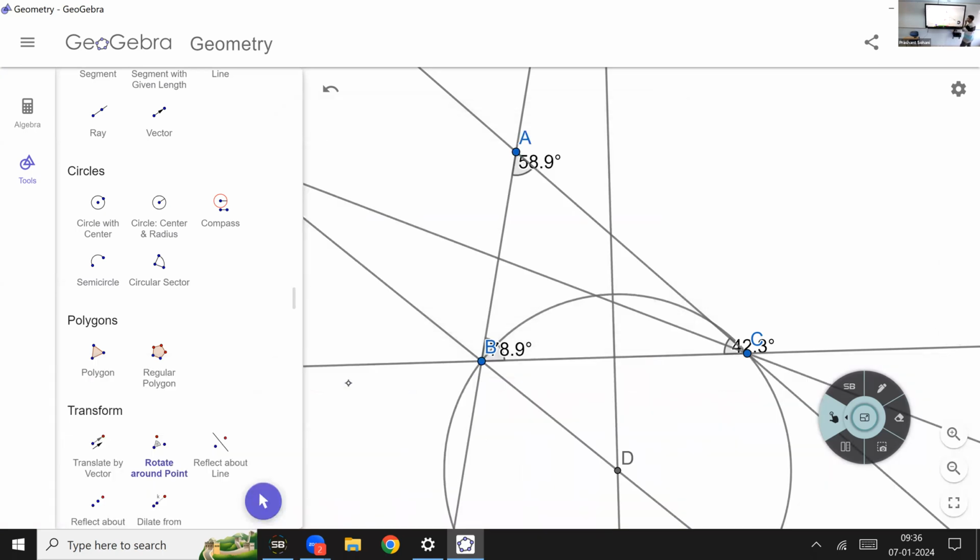Why is it rotating counterclockwise when I say clockwise? I think.